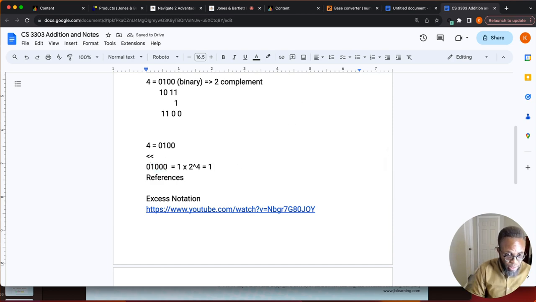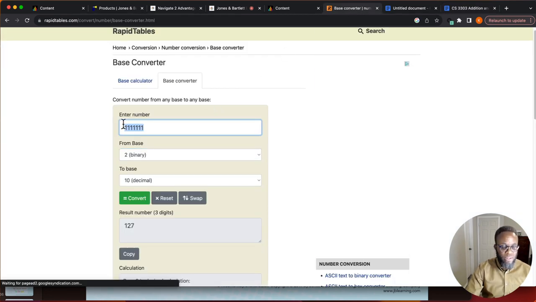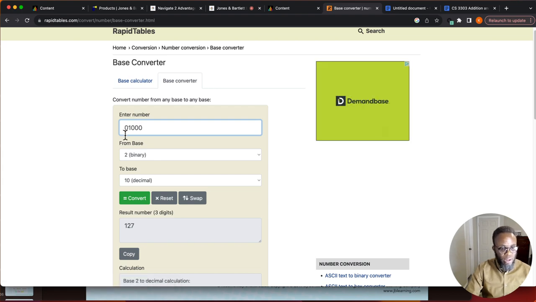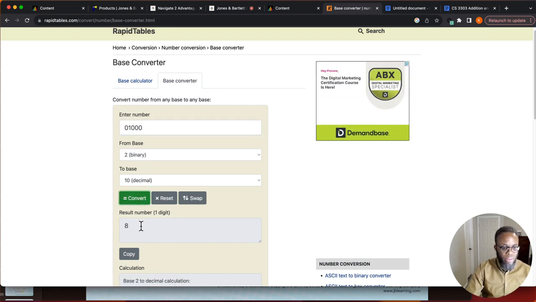No, so 4 is 1 times 2 to the power of 2. And this is 1 times 2 to the power of 3, so this is 8. So shifting left, sorry, is equivalent to multiplying by 2. So if we put this in decimal, that is 8.